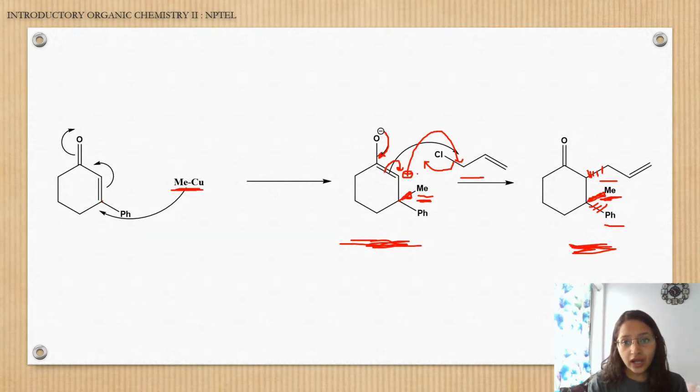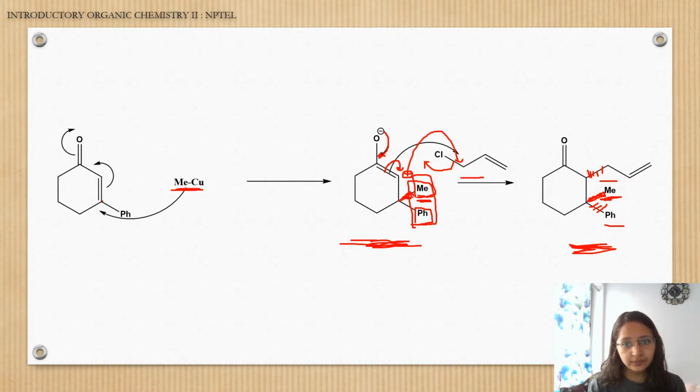Now you have to judge that this methyl and phenyl can't be in the same plane, right? It is a tetrahedral carbon, and this particular bond above and this down bond are in plane. This phenyl ring is in plane, right? So now you have to judge which of this phenyl ring and this methyl group is above the plane and which is below the plane. Just assign anything, since we are not getting it as a rigid system.